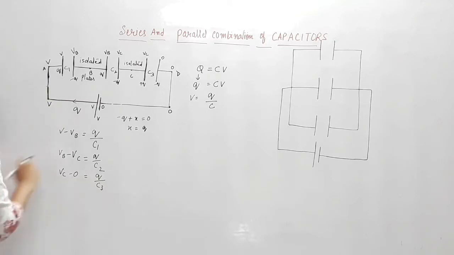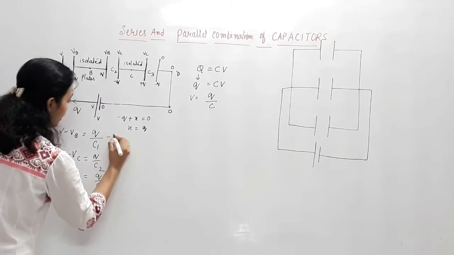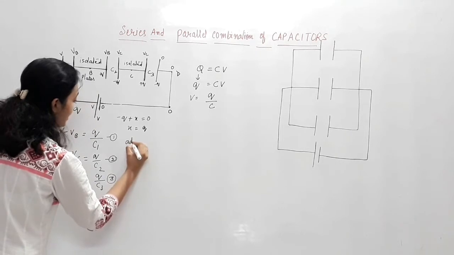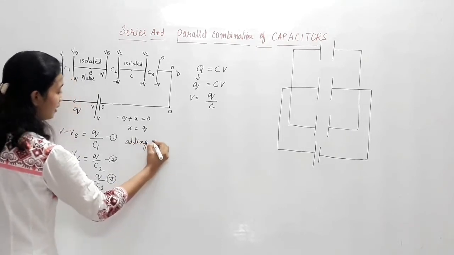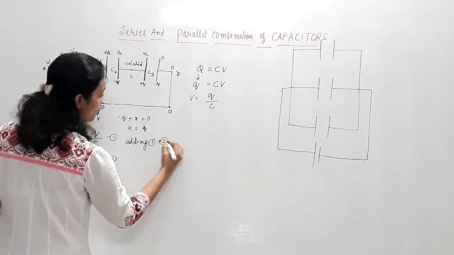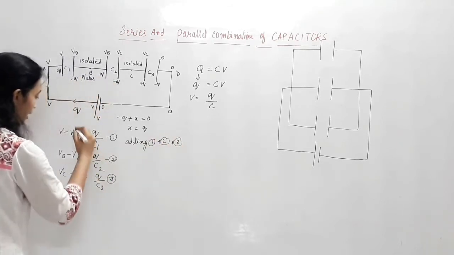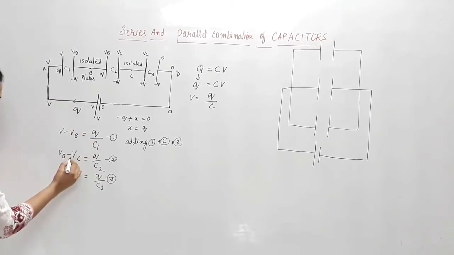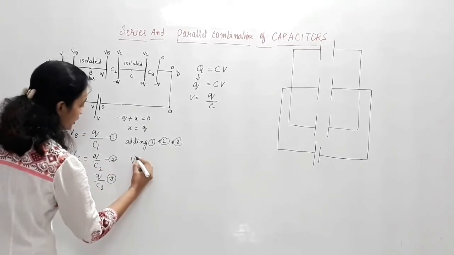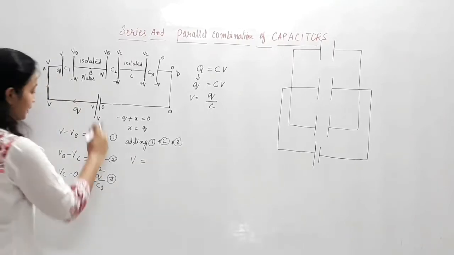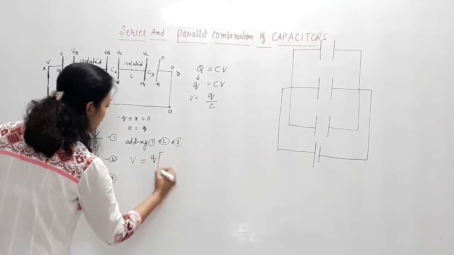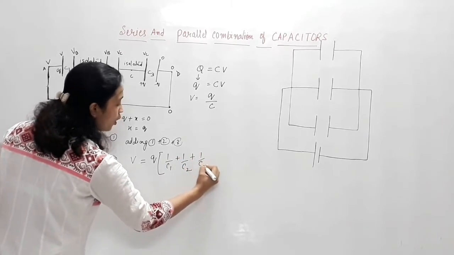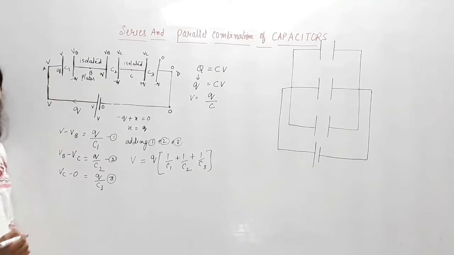Hence you get these three equations, equation 1, equation 2, equation 3, and adding all three, V minus VB plus VB gets cancelled, minus VC plus VC gets cancelled. On the left side I am getting only V, and on the right side Q common, 1 upon C1 plus 1 upon C2 plus 1 upon C3.